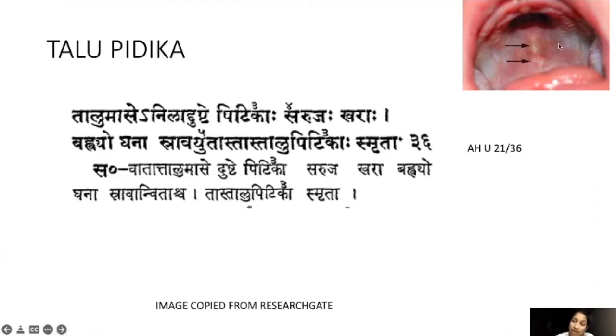So these are the multiple cysts that can be seen in the palatal region. So this can be compared with Talu Pidika. Talu Mamsa is getting affected, and here the vitiation of Vata dosha is happening, and pidikas are forming along with pain, and they will be hard, rough, and also more in numbers, and srava, discharge, will be coming out from these pidikas, and these are known as Talu Pidika.